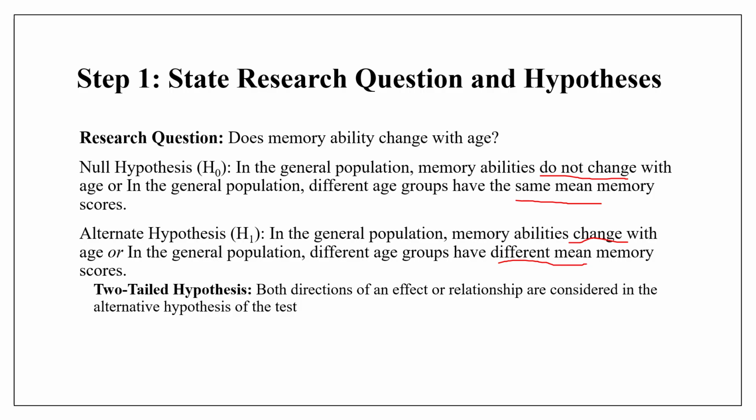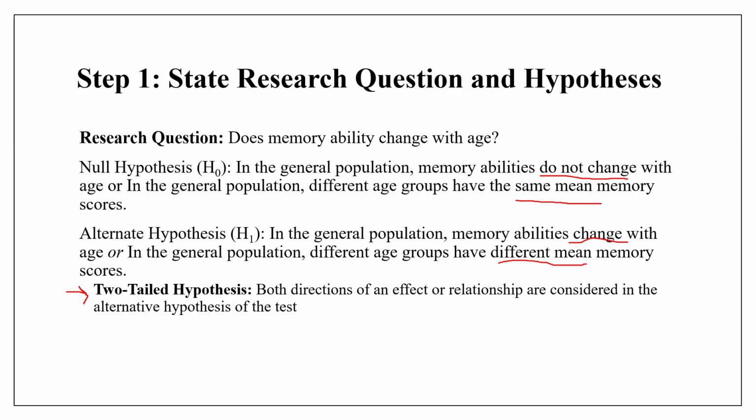Now, here's another new term for us, and this is going to be a two-tail hypothesis. Now, the two-tail hypothesis is going to be when there is an effect that is being predicted, or a relationship, or a difference, but a direction is not being specified.